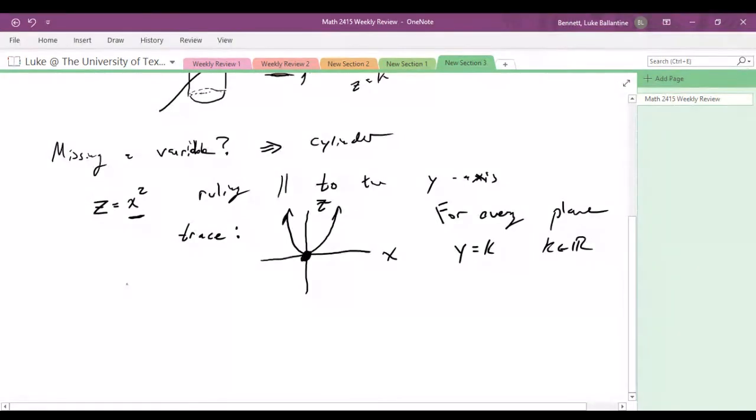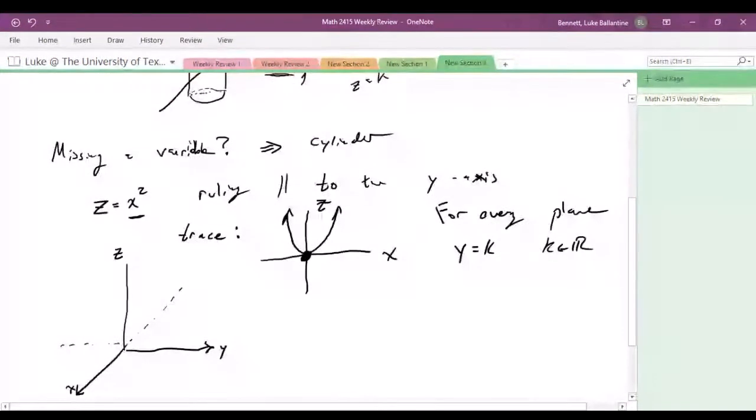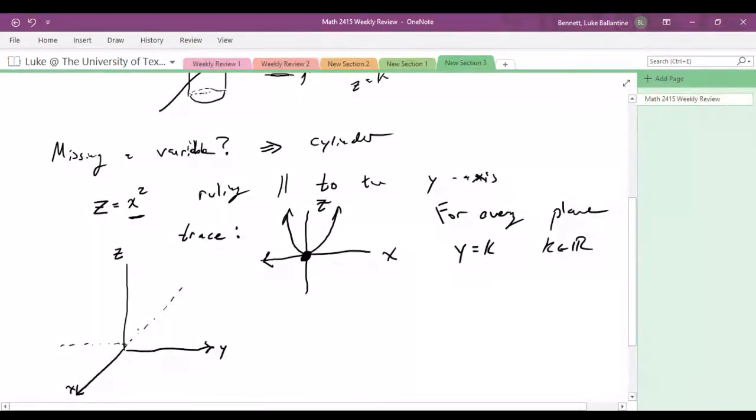And so let's go ahead and transfer this to 3 dimensions. Okay, so we got the y, we got x, we got z. And now, on the negative x, we're kind of engulfing the z on either side, right? On the negative x, we're shooting up, and on the positive x, we're shooting up. So it's going to look something like this.